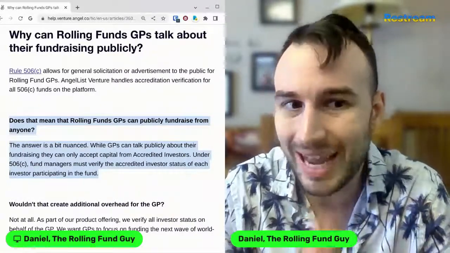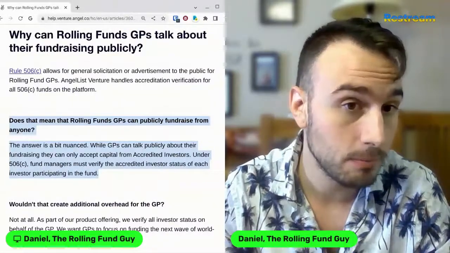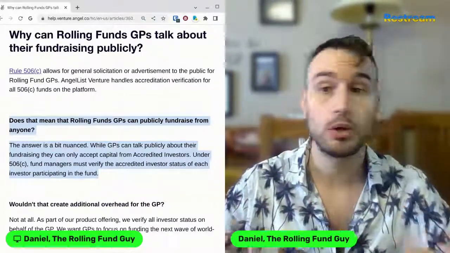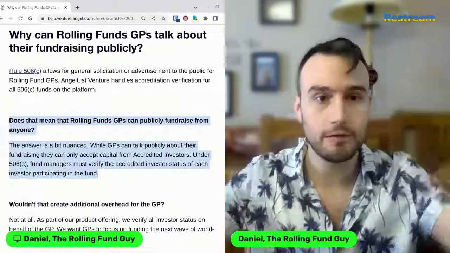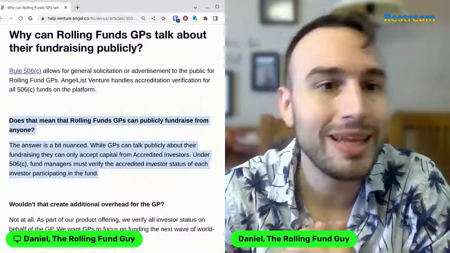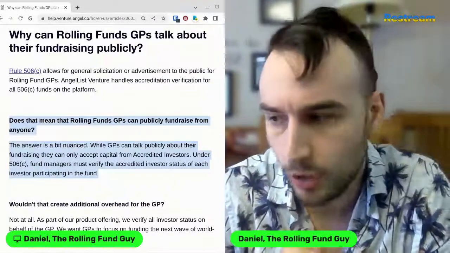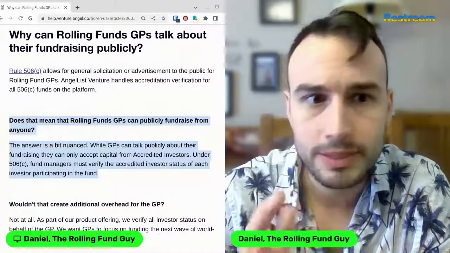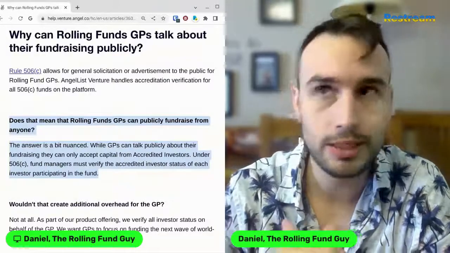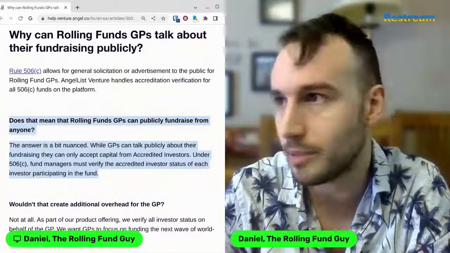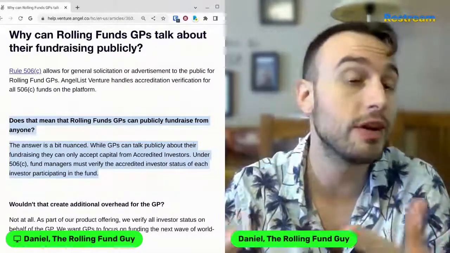If you only have 99 seats available at the table, but you're able to put an advertisement out to 10 million accredited investors, you are then able to bid them up against each other. There's 10 million people who are qualified, and say, 10,000 people who are interested in investing in your fund.